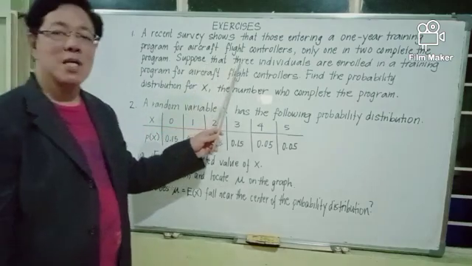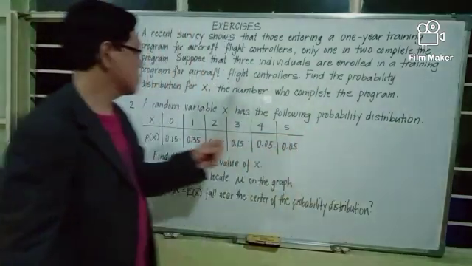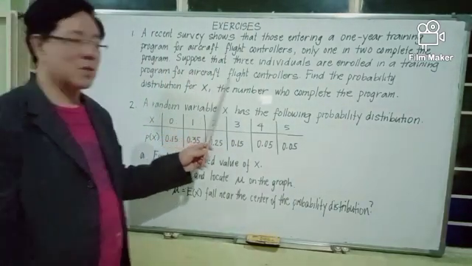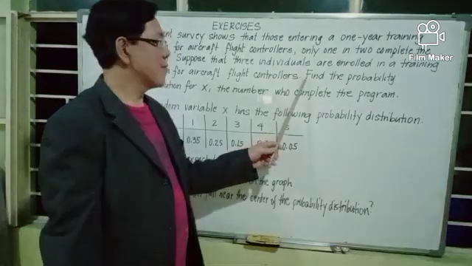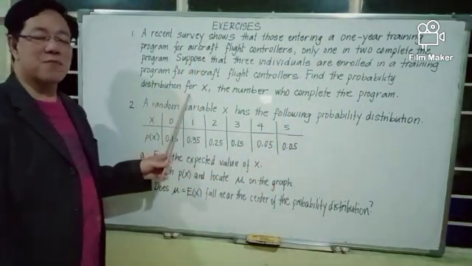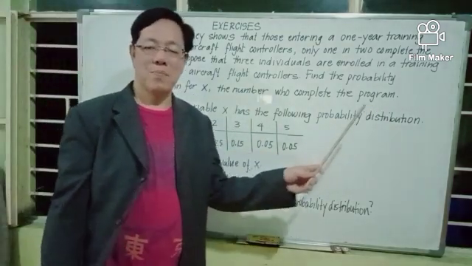Suppose that 3 individuals are enrolled in a training program for aircraft flight controllers. Find the probability distribution for x, the number who complete the program.